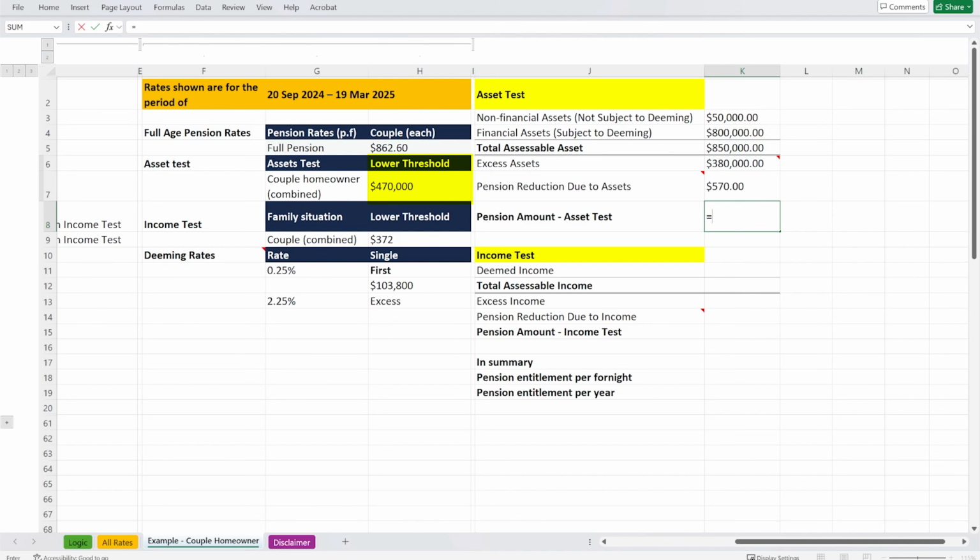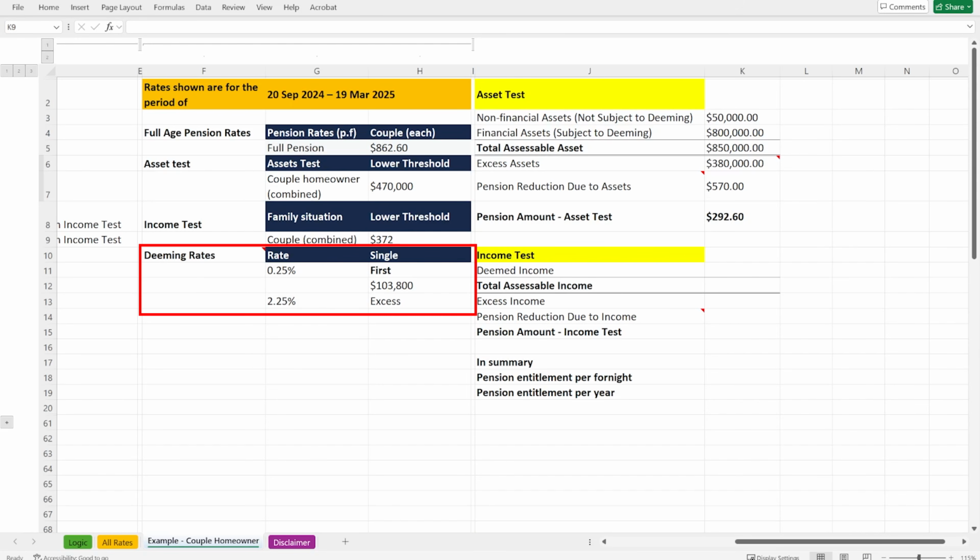After applying this reduction, the age pension entitlement is $292.60 per fortnight. Since John is under 67, he is not yet eligible for the age pension, so this amount reflects Jenny's entitlement under the assets test. Now, the income test. Centrelink applies the deeming rules to calculate income from financial assets.